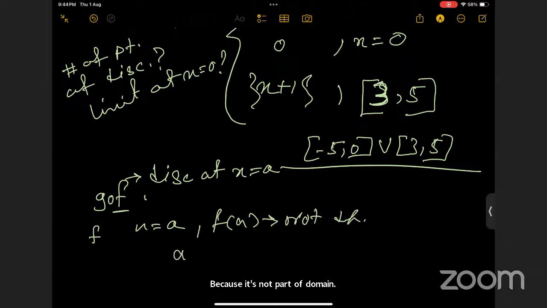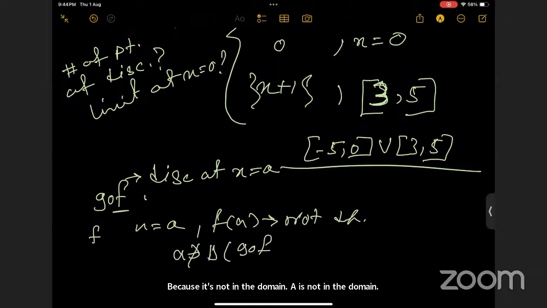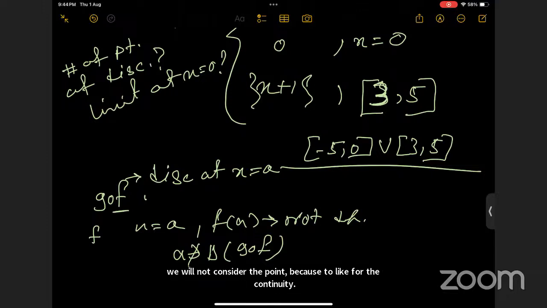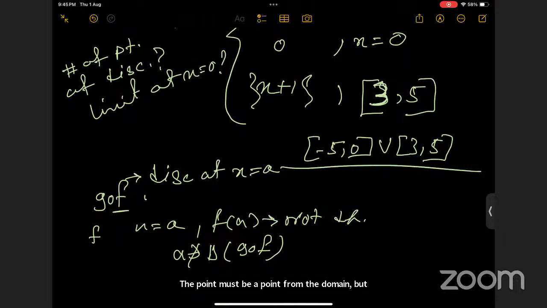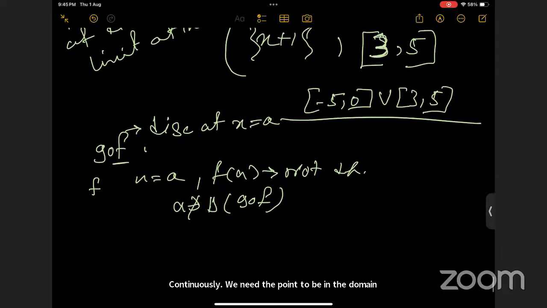Then definitely a is not in the domain of G compose F. Yes, ma'am, that's what I was asking. Then we will not consider the point, because for continuity the point must be from the domain. But for the limit, we don't need the point to be in the domain. Yes, ma'am.